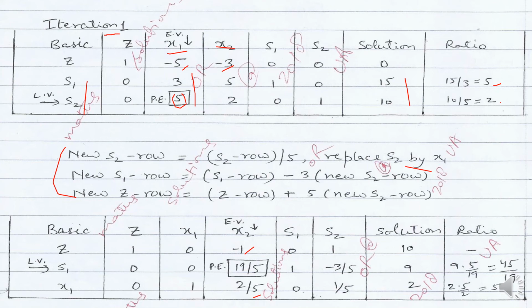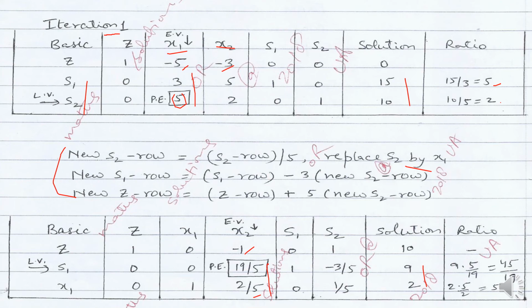So coefficient of x2 is most negative. It means this is our pivot column. Now we find out the ratio with the help of solution column, and each element of solution column we divide by corresponding elements of pivot column. So we got this 45 upon 19 and this 5.